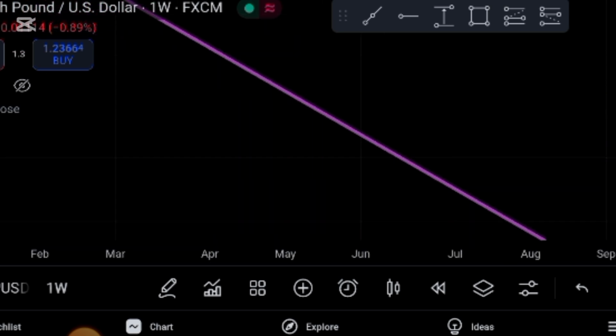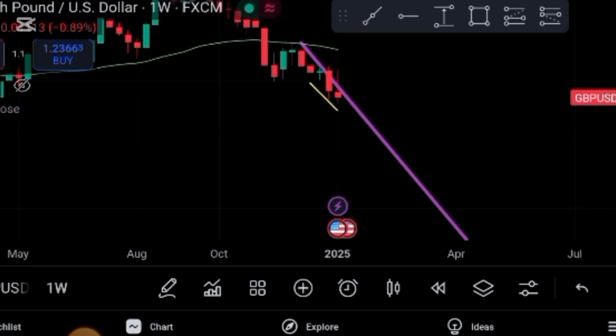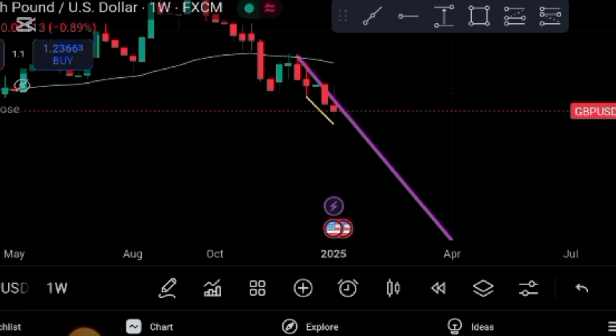So if you are analyzing a weekly chart or a monthly chart, you can just let this ray trend line be there for as long as you need it, as long as it hasn't been intersected many times. You don't need to constantly change the chart or change the movements that keep happening on the trend line.